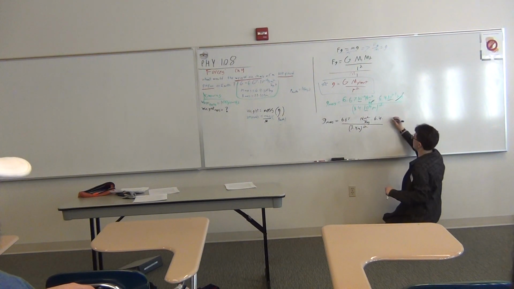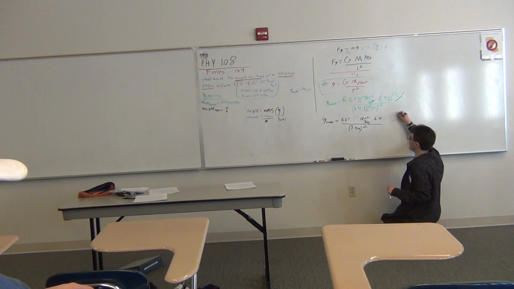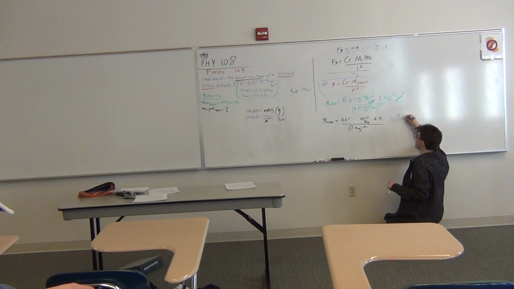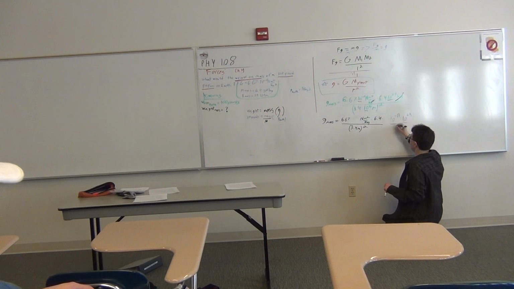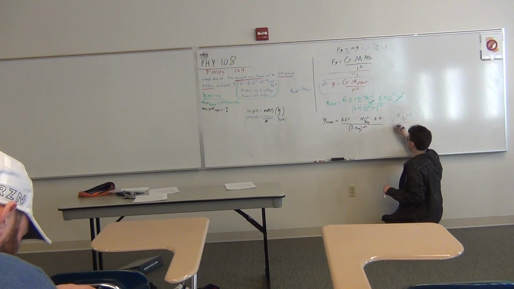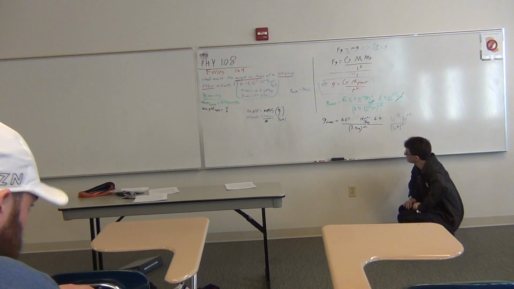Then you rewrite the tens: 10 to the negative 11 times 10 to the 23 over 10 to the 6 squared.